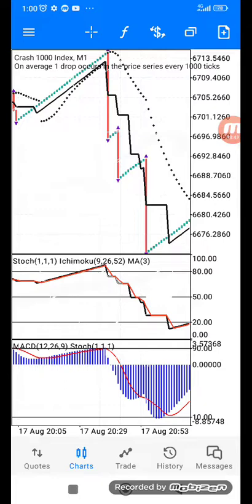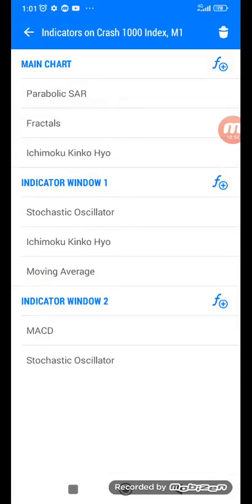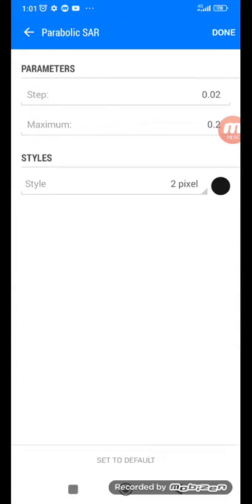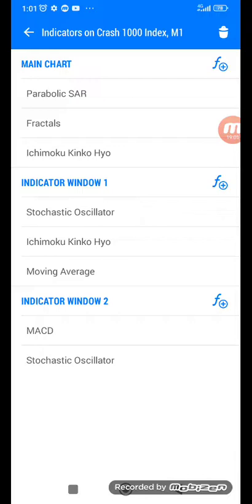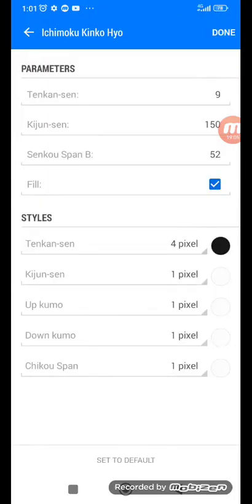Now what are the settings that you need to put in place to trade the strategy effectively? We have Parabolic SAR, with our default settings. We don't need the fractals, so just leave that. On the main chart we have Ichimoku: Tenkan-sen 9, Kijun-sen 150, and Senkou Span B 50.